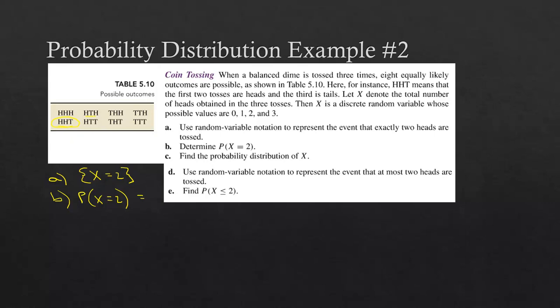Right there, right there, right there. Those have 2 heads in the 3 tosses. So that should be 3 out of 8. So our probability is going to be 3 divided by 8, which equals 0.375.